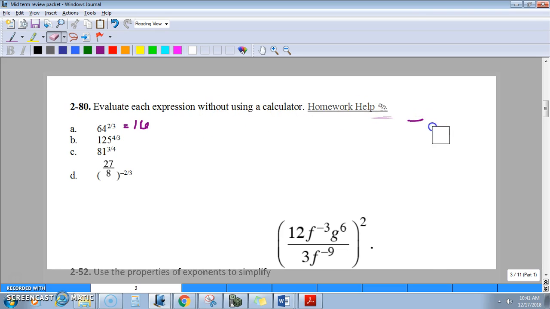Let's see. How about 125 to the 4/3? I can change 125 to be 5 cubed, okay?